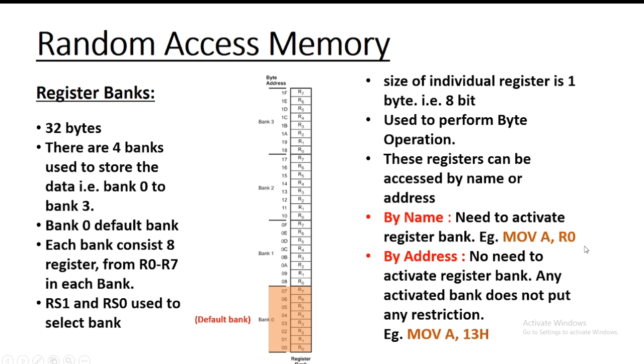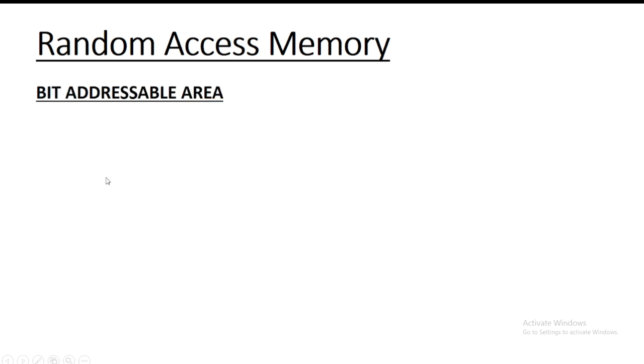Suppose you are specifying a register name, then only the register of the activated bank will be used. But if you are using the address of that register, there is no need to check the activation of the bank at that time. You can access any register randomly by its address.